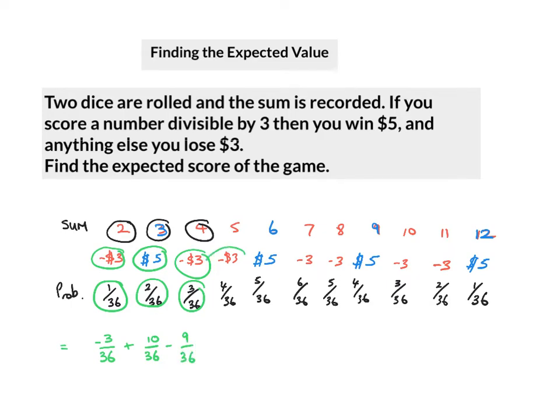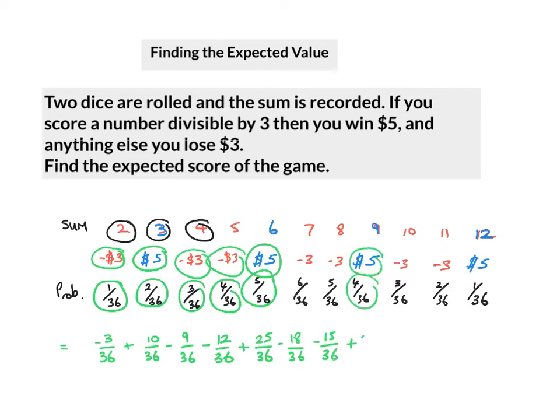And we do these two next, we get a negative 12. And these two, we get a plus 25 because it's winning money. These two become a minus 18 because it's losing. And then a minus 15. And then a plus, these two is 20.